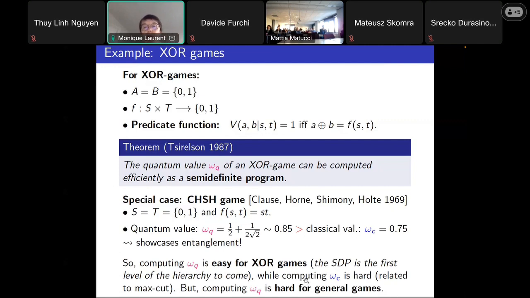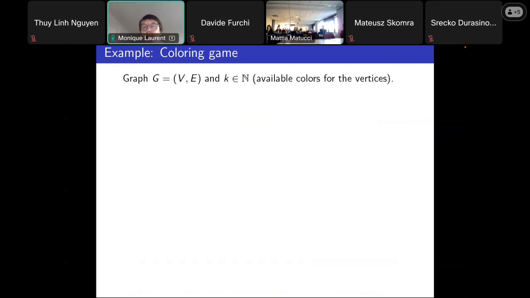So maybe I mention one other kind of game one can look at, which has been looked at in the literature, still with the aim of understanding what is the advantage of using quantum resources versus classical. This is the so-called coloring game. We have a graph and a number k, which is the available number of colors we can use to color the vertices.